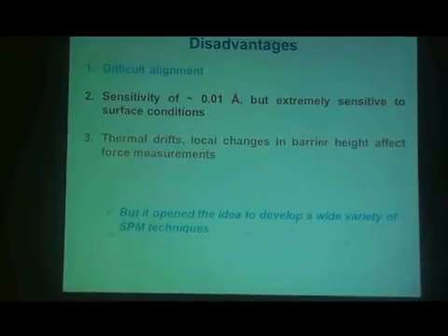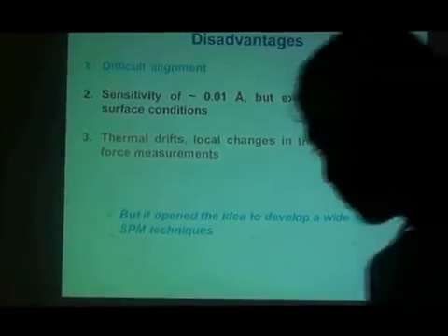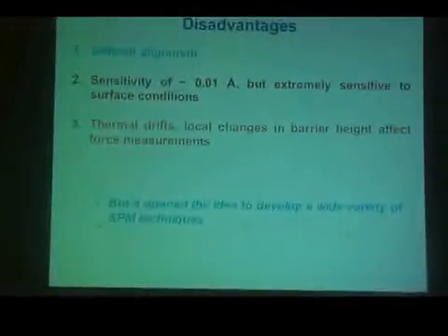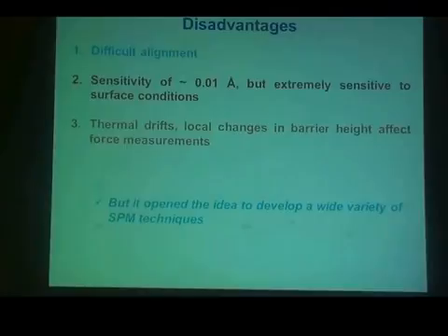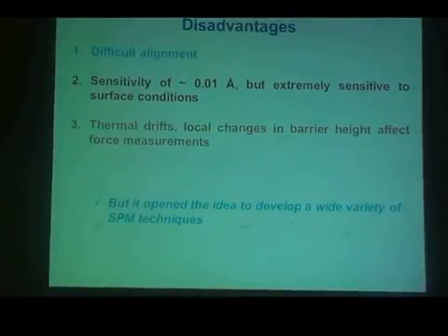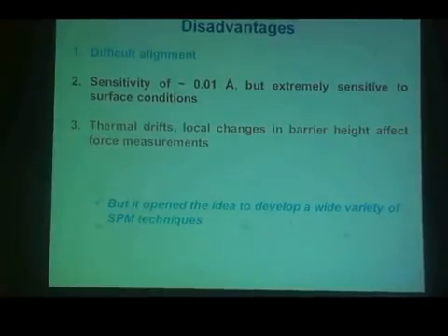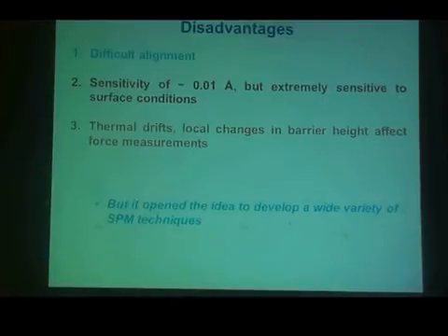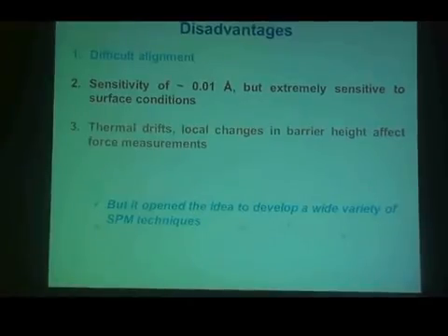One of the problems is that you have to align an atomically sharp tip on the surface of the cantilever, and the size of the cantilever is a few micrometers. So how are you going to do it? And then there is the problem of thermal drift. If there is a temperature change, then the cantilever or the tip can change its position, so the tunneling current also changes. I think I will move a little faster.